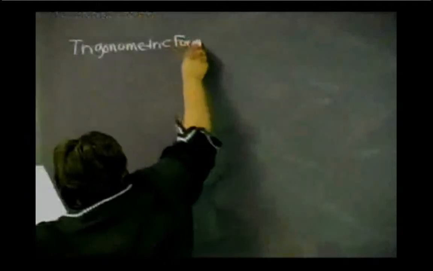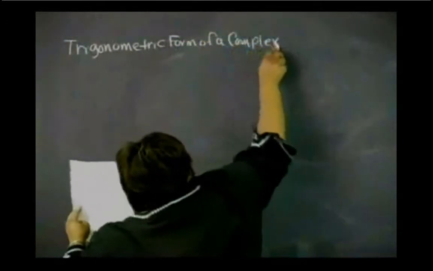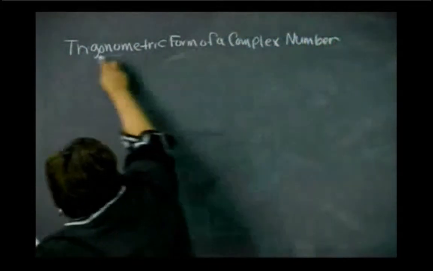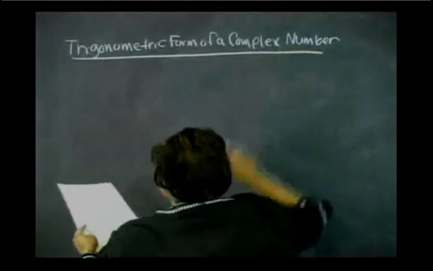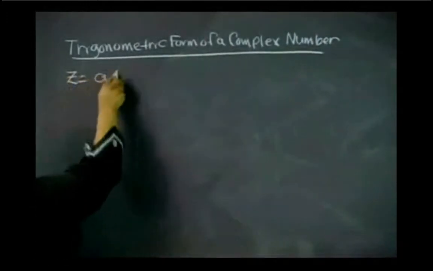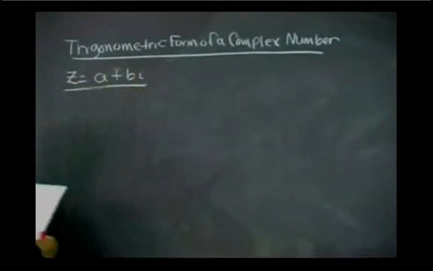Alright, today we're going to look at the trigonometric form of a complex number. First of all, we know that Z equals A plus BI is a complex number.